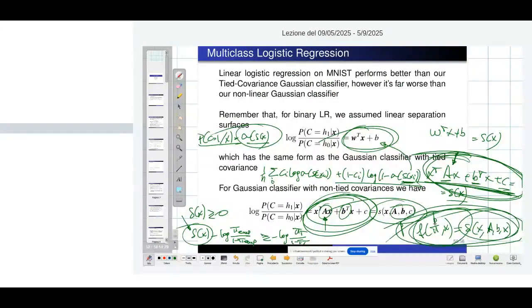In the case of neural network, I can make it complex enough so that the separation rules become arbitrarily complex, smooth but complex separation rules.